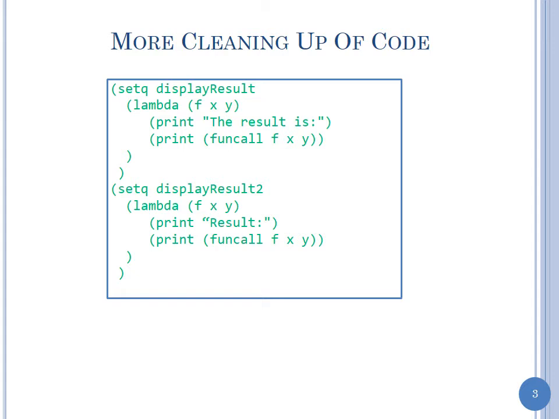If you get points for naming, I'm being good. I'm not saying F1 and F2. I'm saying display result 2, but there are some ways in which I could do better in terms of explaining the code.